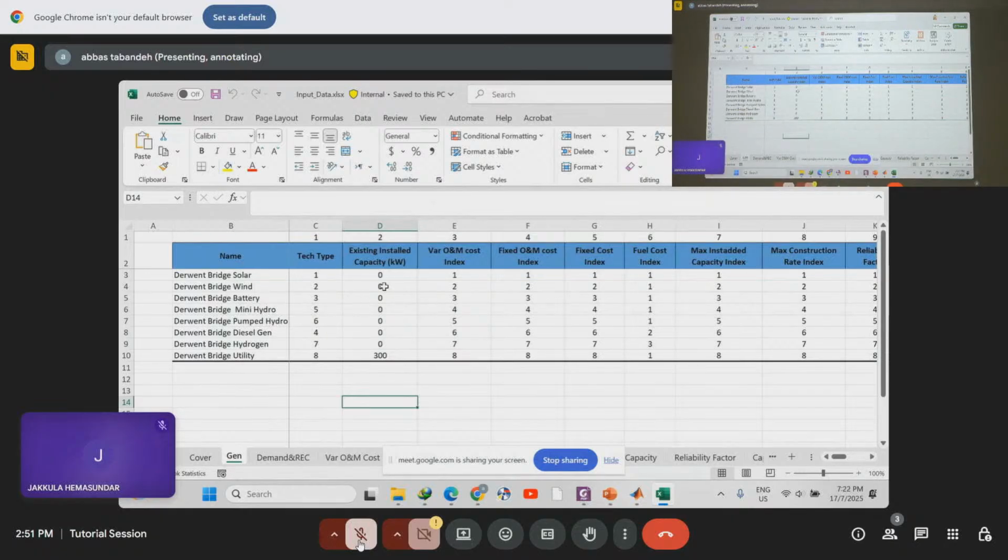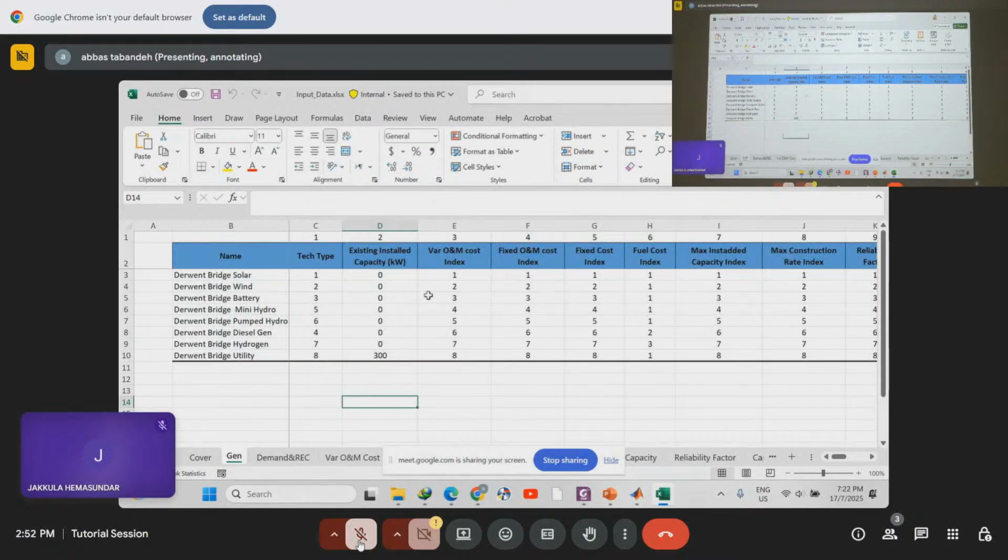Another important parameter is the existing installed capacity in the network. In this Devon Bridge microgrid, there was only the utility supporting the electricity. However, they would like to plan for the next 25 years which type of technology would be cost effective to install in that area. Therefore, we need to go for optimal sizing for different types of technologies.